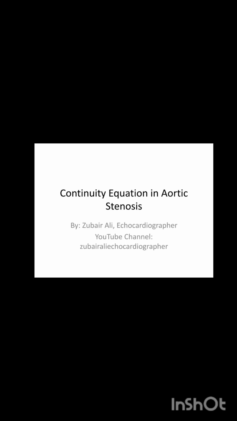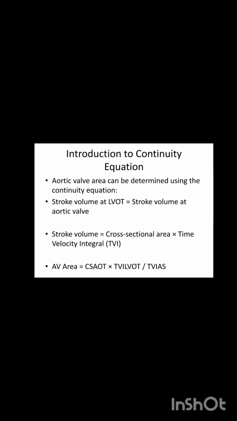Good job. Quantifying aortic valve stenosis: the continuity equation. The aortic valve area can be determined using the continuity equation. The stroke volume at the LVOT is equal to the stroke volume at the aortic valve. Stroke volume is equal to cross-sectional area multiplied by time velocity integral.